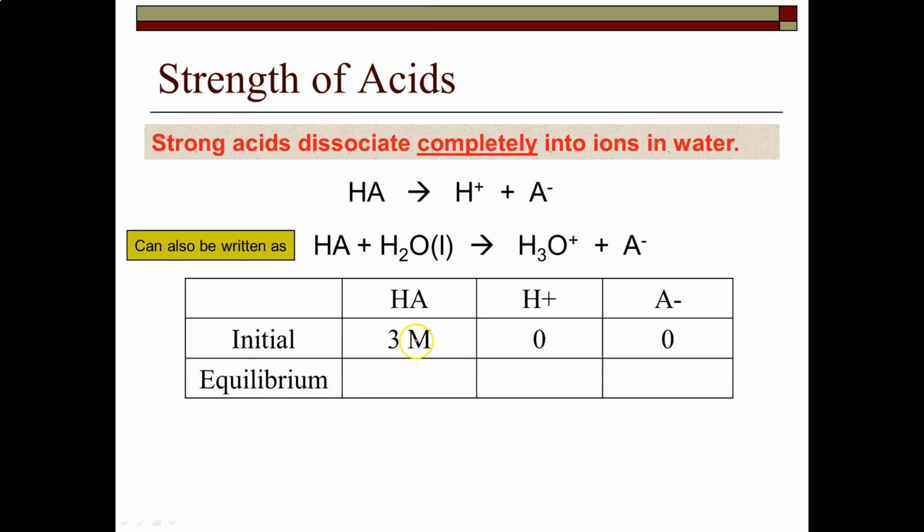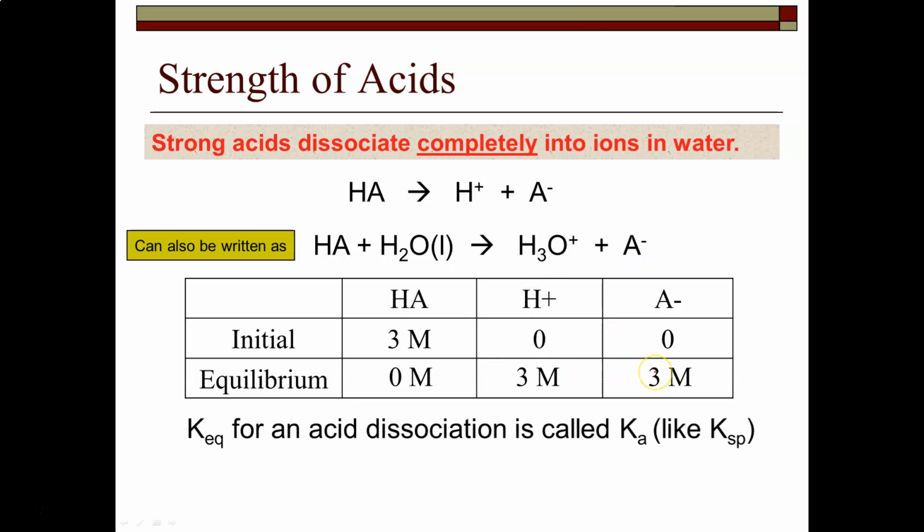I said 3 molar of HA on the last slide, and 0 molar of your ions, because you didn't dissociate yet. Obviously, a change occurs, and at equilibrium, if it's complete dissociation, you're going to have no HA left, and because it's a 1-to-1 ratio, you have 3 molar and 3 molar. So the Keq for an acid dissociation is called Ka.